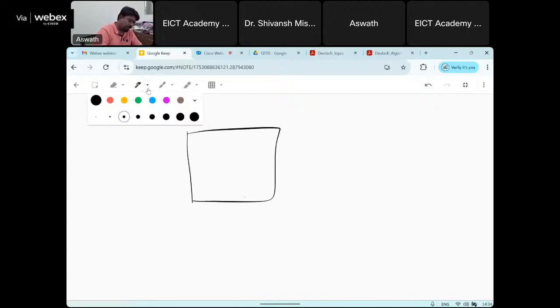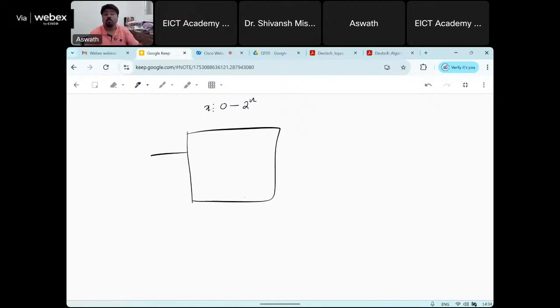So Alice sends the set of x values from 0 to 2 to the power of n. Now you see there are a lot of values, so those are converted into a quantum state. That quantum state is sent to Bob.